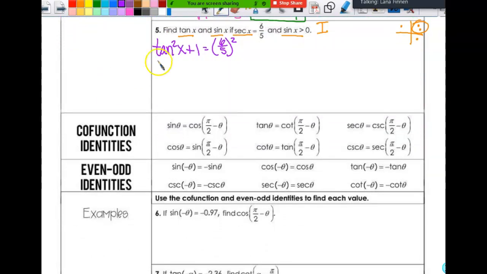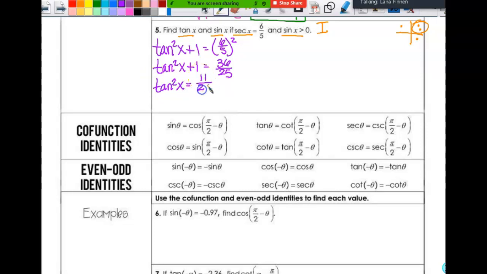All right, so that gives me tangent squared x plus 1 equals 36/25. I'm going to subtract 1 from both sides. What does that leave me with on the right-hand side?